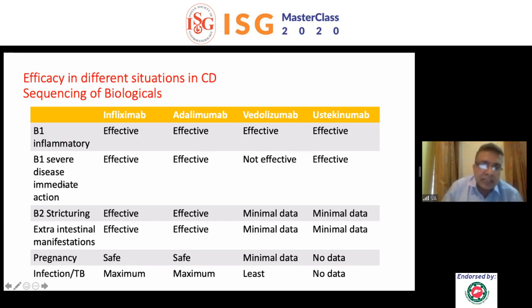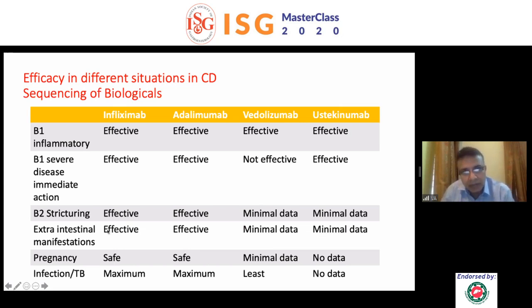If it is B1 severe disease requiring immediate action, then vedolizumab probably would not be the drug to be used here. It is not effective because vedolizumab is only gut selective and has a slower onset of action. Remember that. For B2 stricturing disease, the data is available only for infliximab and adalimumab and not for vedolizumab and ustekinumab, so you would not like to use them in this setting. For extraintestinal manifestations, again, the data is not available for vedolizumab and ustekinumab.